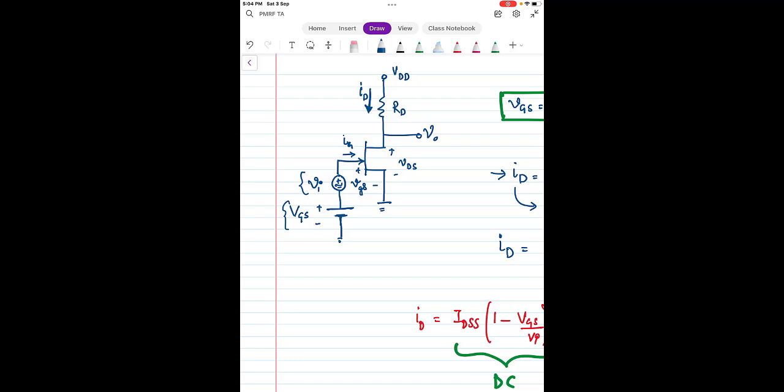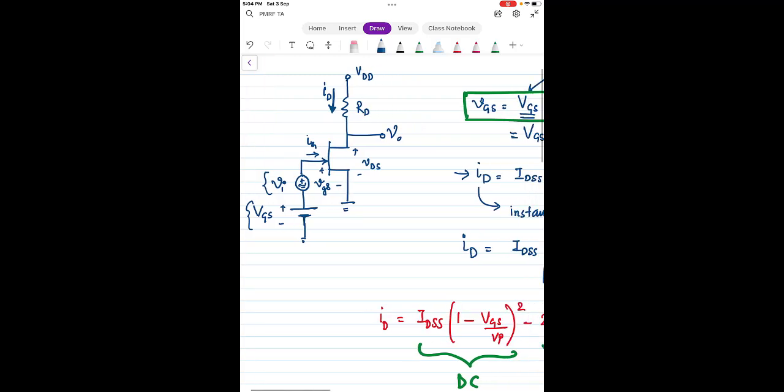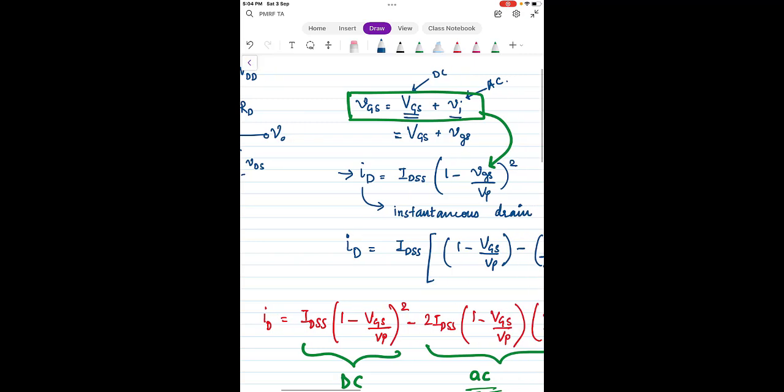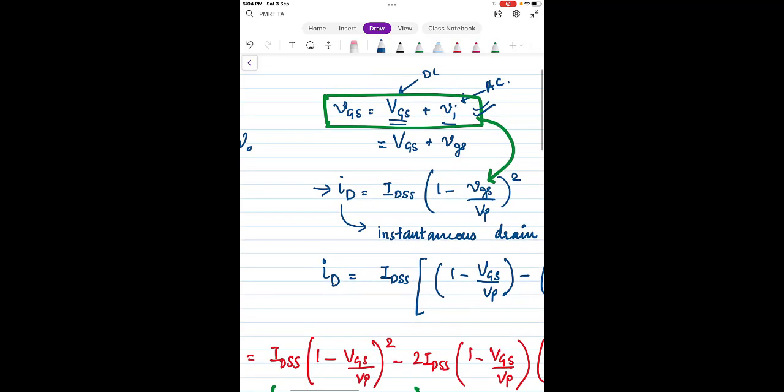So VGS is a DC signal that we have applied to bias the JFET, okay, so that it remains in the saturation region, where it can behave as an amplifier. So now we can see that the small vGS is given by the capital VGS and the small vi, right? Which one is the DC component, the other is the AC component. Now this can be written as VGS plus small vgs, right?